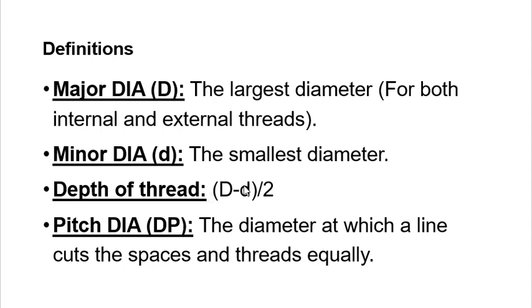So of course this length is measured from the top of the crest of the thread all the way down to the beginning of the minor diameter. So major diameter minus minor diameter, you get the difference for that thread, and then divide that by 2.